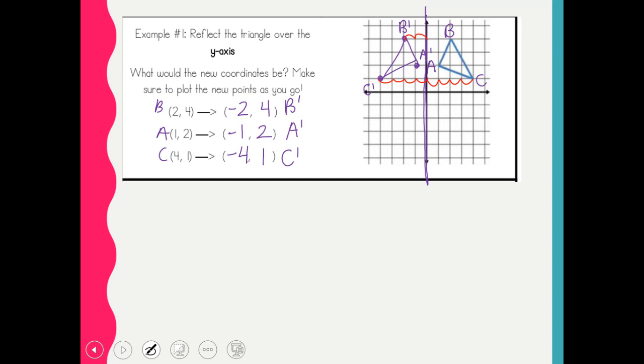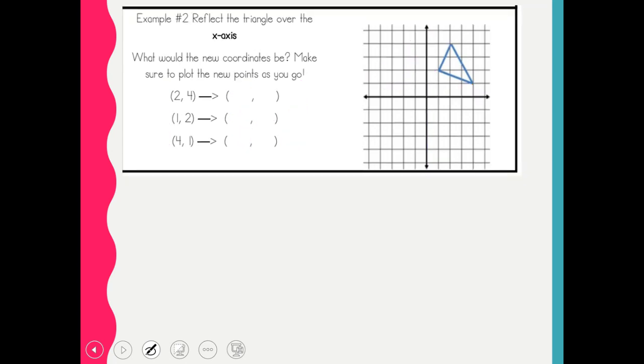All right, let's go to the next one. So now we're reflecting across the x-axis. Yes, ma'am. So we would change the y-axis. We change the y value, not the y-axis. Okay.